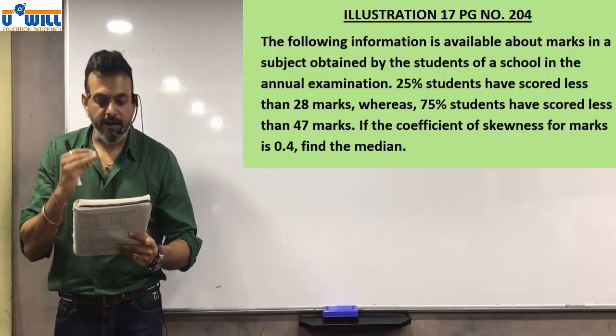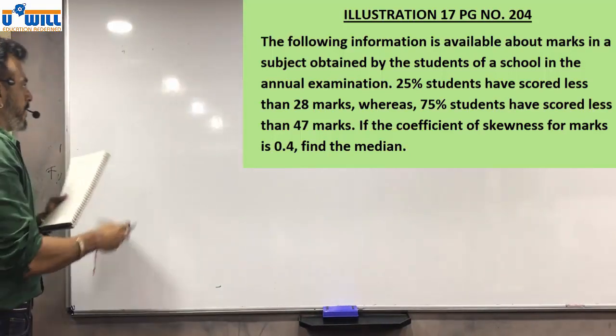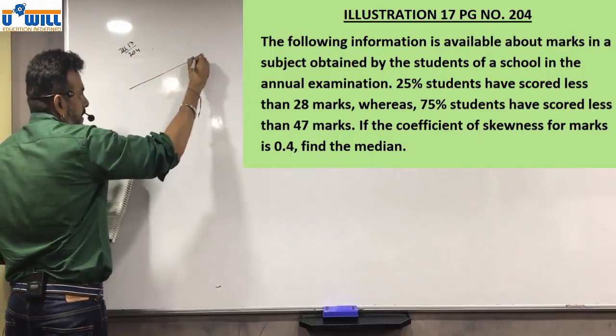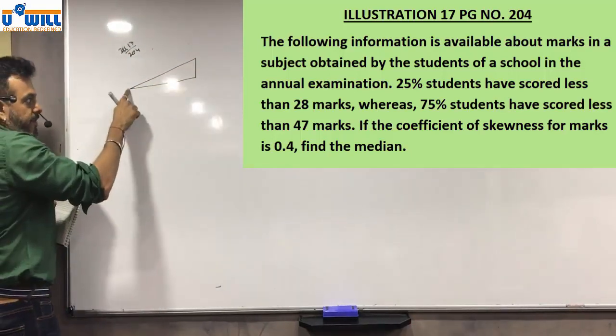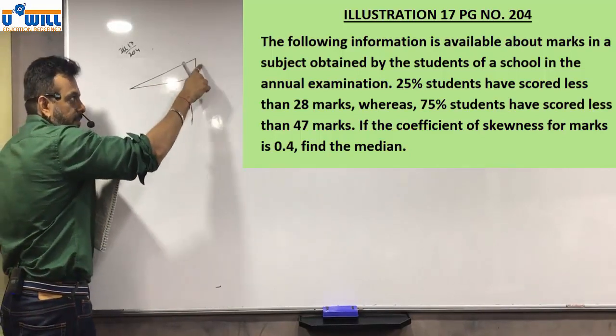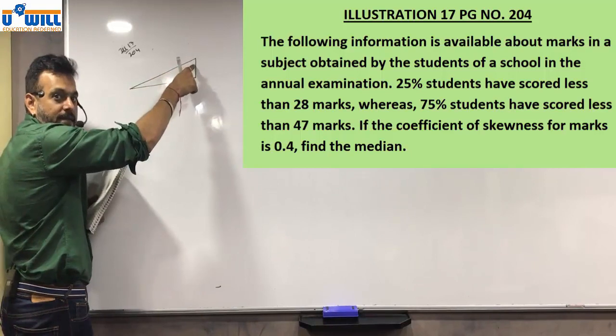Now first of all, let's understand what is this 25%, 75%. Pay attention. I arrange the data in ascending order. That is, these are my students and these are their marks. This is minimum marks and this is maximum marks.